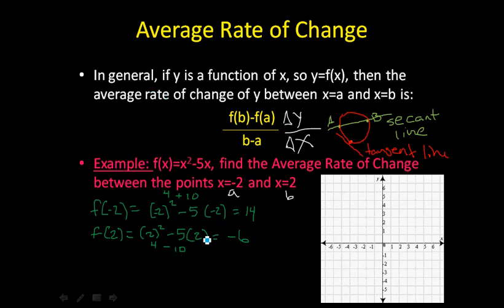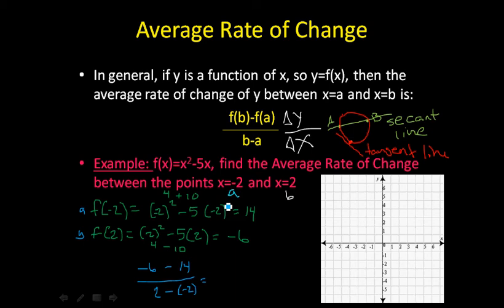So then from here, to finish the analytical example, going back up to the general form, that's A, and that's B. So f of B, which is -6, minus f of A, which is 14, divided by B minus A, and then you just calculate that out.